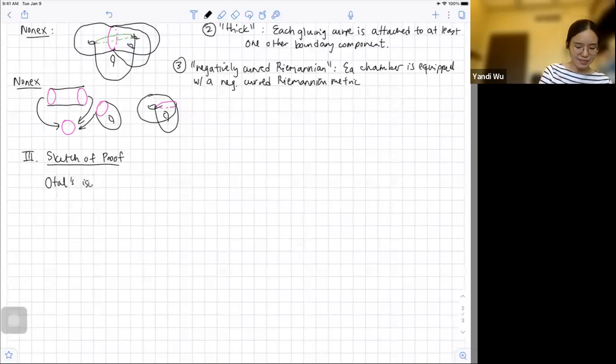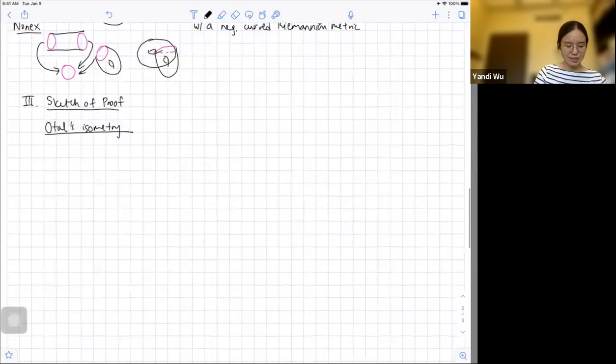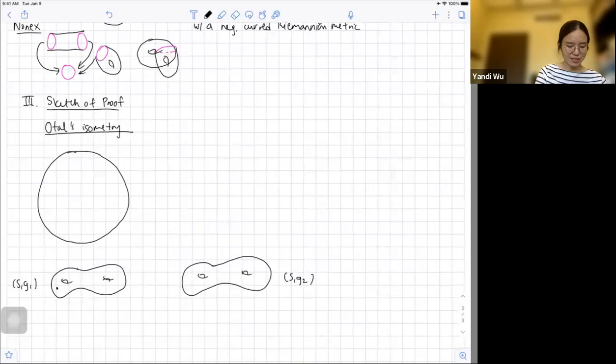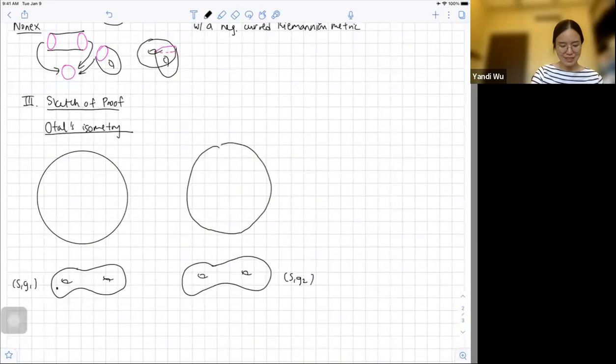Right, so Otal's isometry, I just want to briefly describe what it looks like. So you have two surfaces with the same arc length spectrum, and you want to construct an isometry between them. So you can lift to the universal cover, which is just going to be a negatively curved disk.